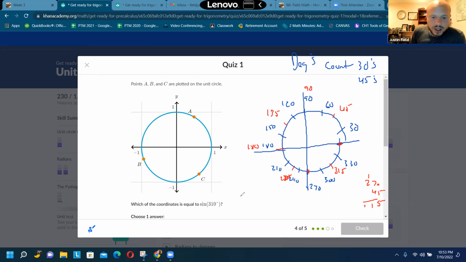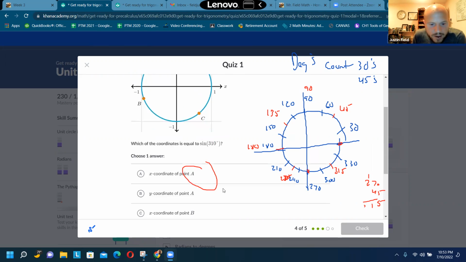So which one is approximately equal to 310? That would be C. And the sine is going to be the y value of C.